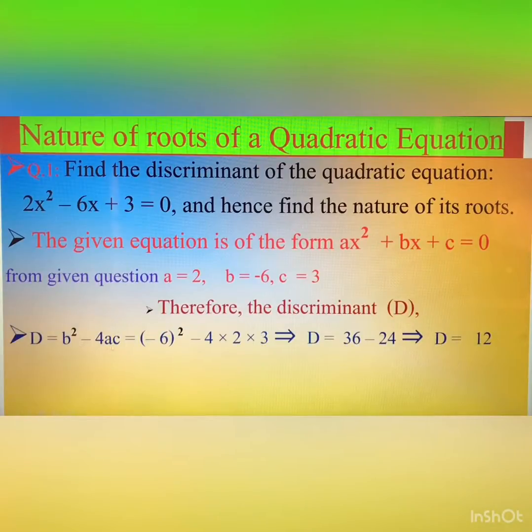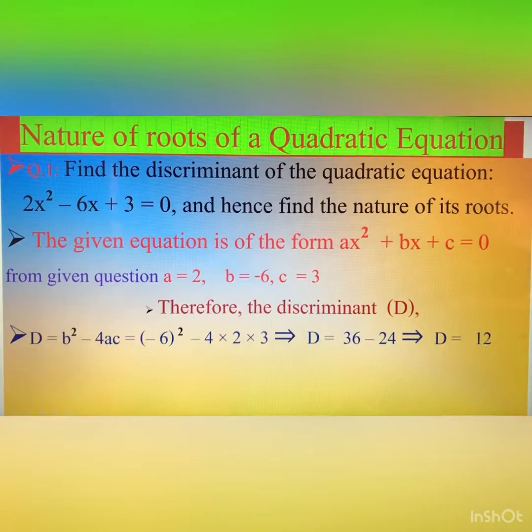Therefore the discriminant D, by putting the values in the formula b square minus 4ac: b is minus 6, so minus 6 whole square, and 4 times 3 is 12, 12 times 2 is 24, and minus 6 square means 36. So 36 minus 24, it means D equal to 12.